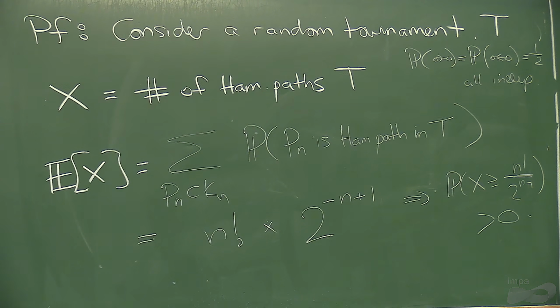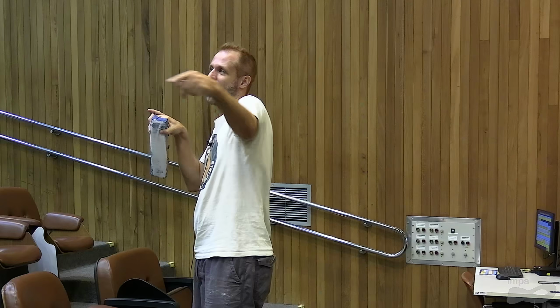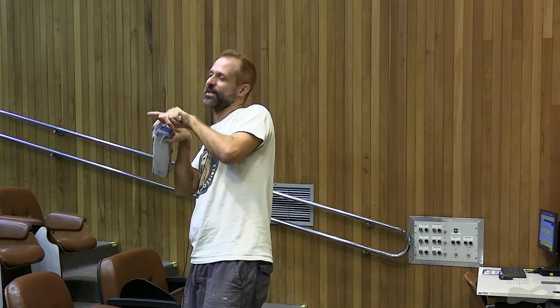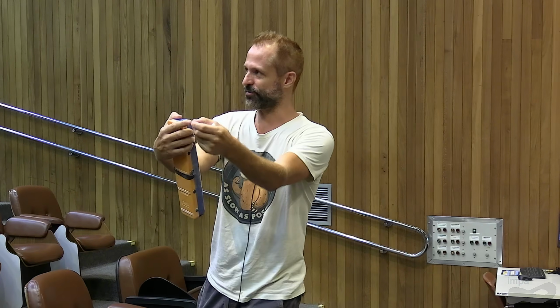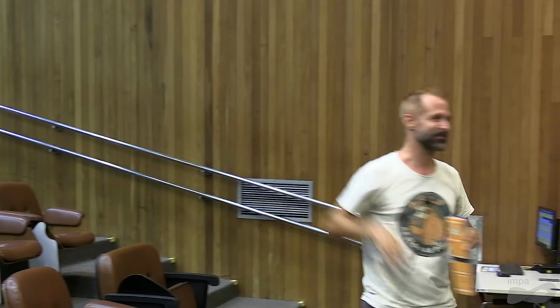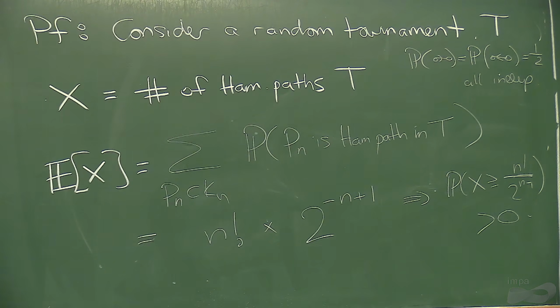If we start from the other end, it would be the same path in the complete graph, but there's a different way it can be a Hamilton path in the tournament. So there's two ways of looking at the path, and they can go in two different directions. You can go from here to here or here to here. Make sense? Yeah, thank you.